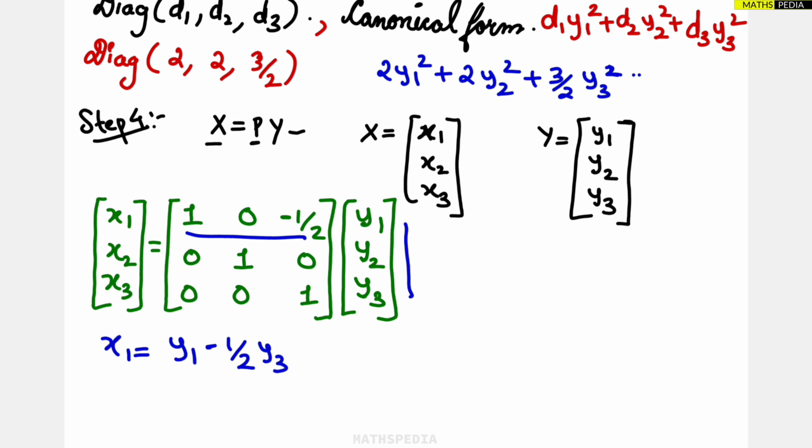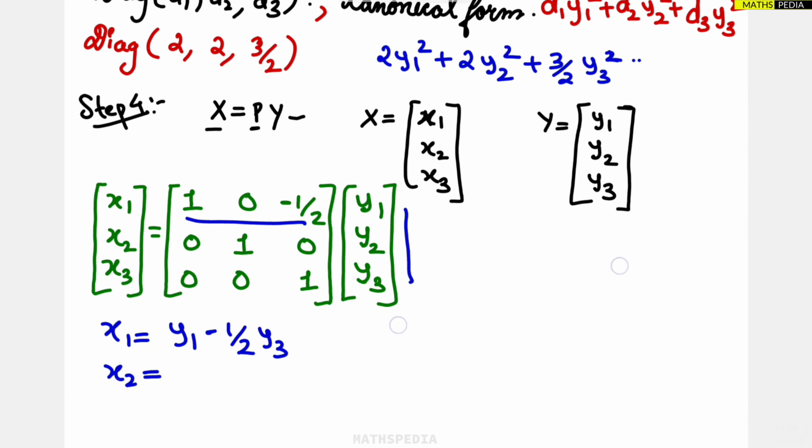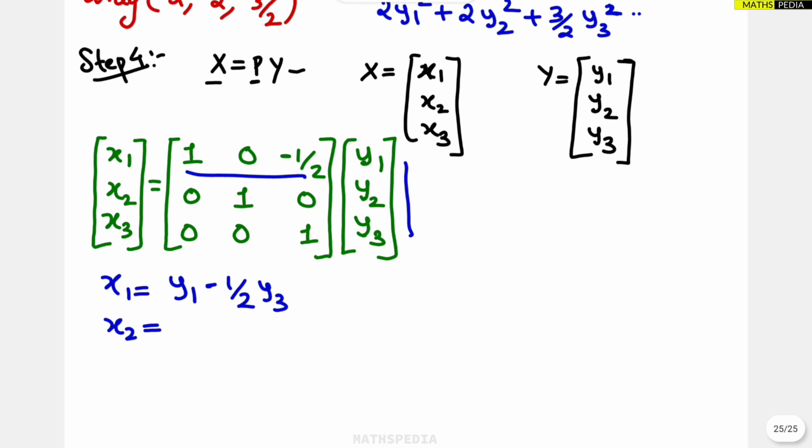Done. Next, x2 is equal to the second row into this column, that becomes 0 into y1 plus 1 into y2 plus 0 into y3, that will leave y2. Next, x3 is equal to the third row into this column, so 0 into y1 plus 0 into y2 plus y3, so I'll just write y3.